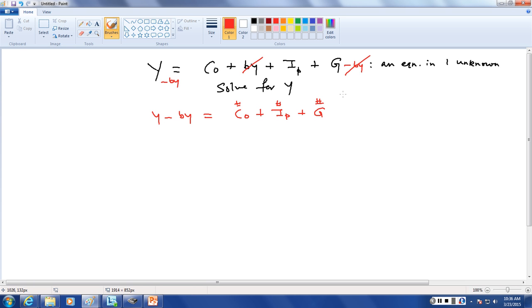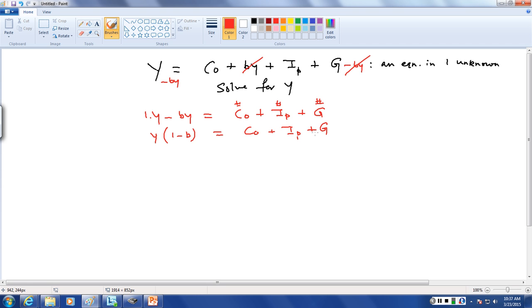Correct? Now what do we do to solve for the Y? Well, this Y can be thought of as 1 times Y, right? So you have 1 times Y minus B times Y. We can factor out the Y. So we can take Y outside of brackets and write 1 minus B, can't we? Would that be right? Correct? And that's equal to C0 plus IP plus G. Yes?